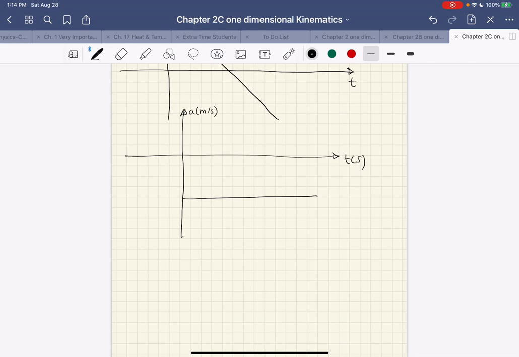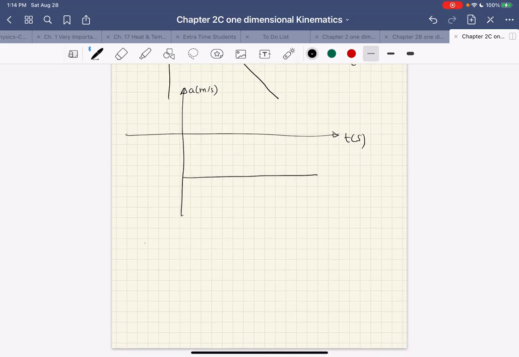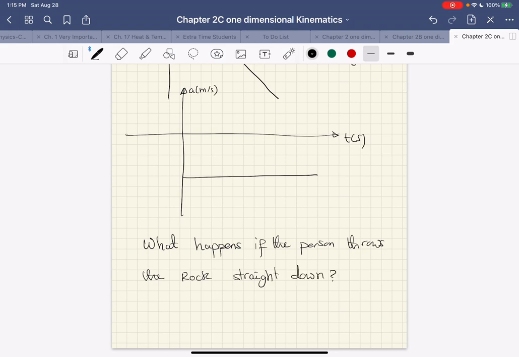Now, I will ask a question here. What happens if the person throws the rock straight down? I'm giving you 30 seconds to think of it.